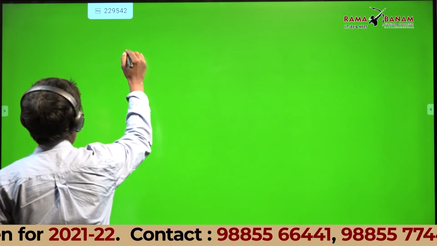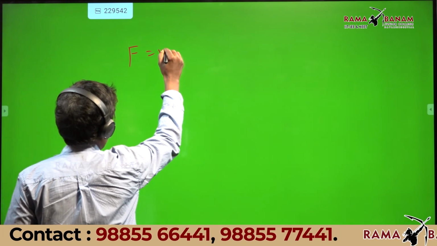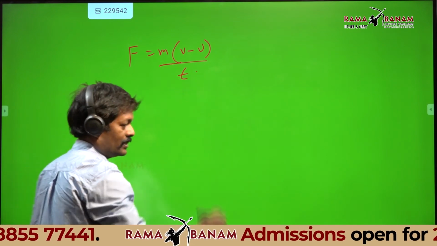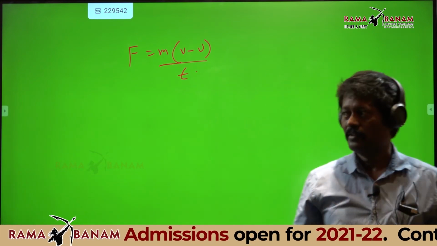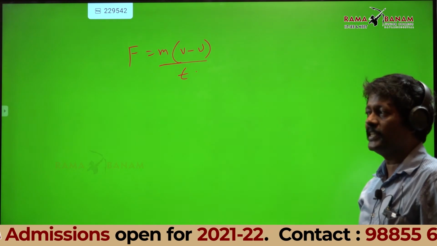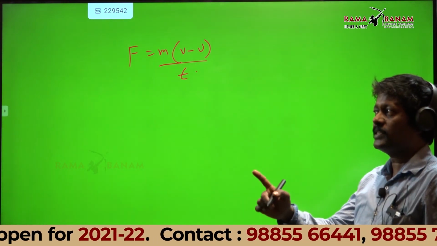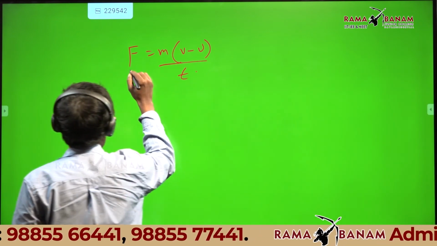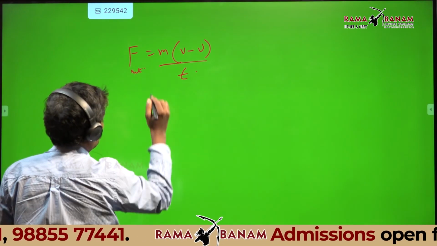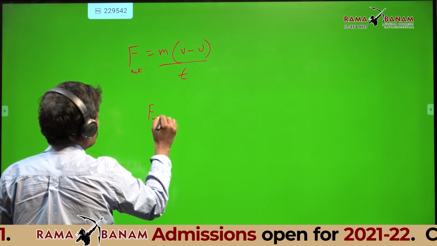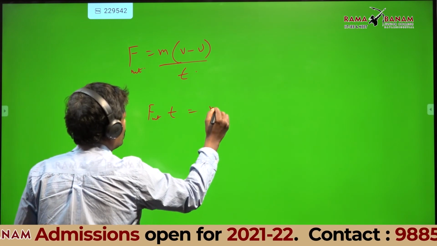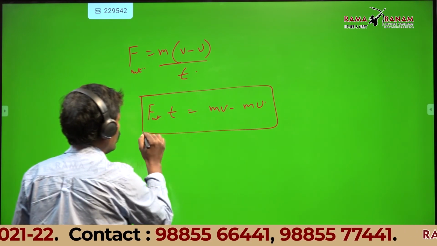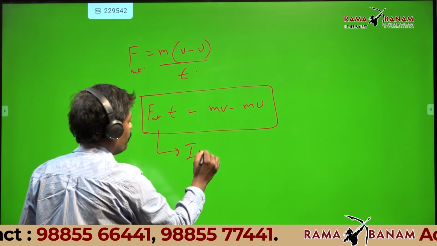I am writing here. F equal to m into (v minus u) by t. You agree with this formula? Because acceleration is (v minus u) by t. It is ma, so I should write F net. It's understood. So F net into time is mv minus mu. This is called impulse.